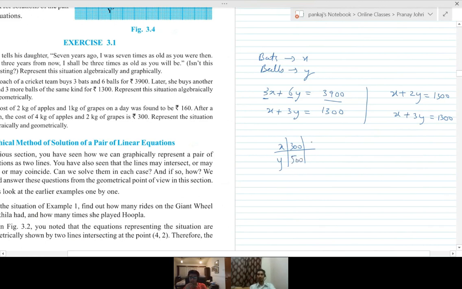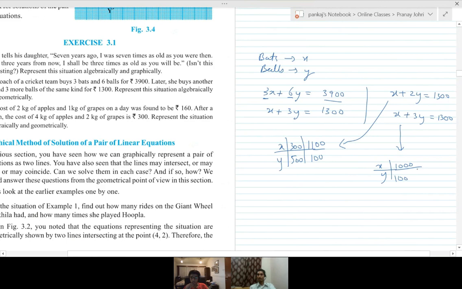Then we can take x as 1,100 and y as 100. Then for the next one, x would be 1,000 and y would be 100.